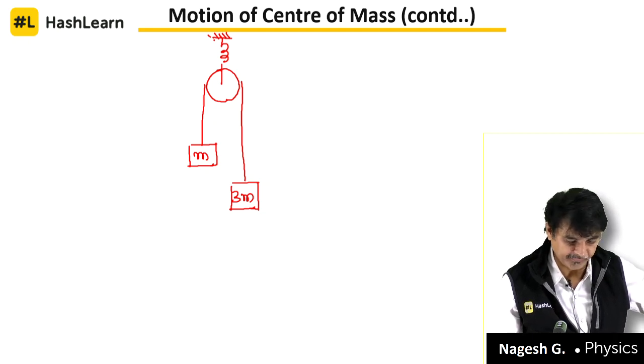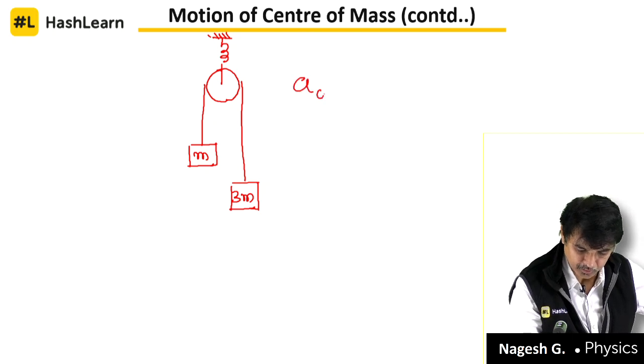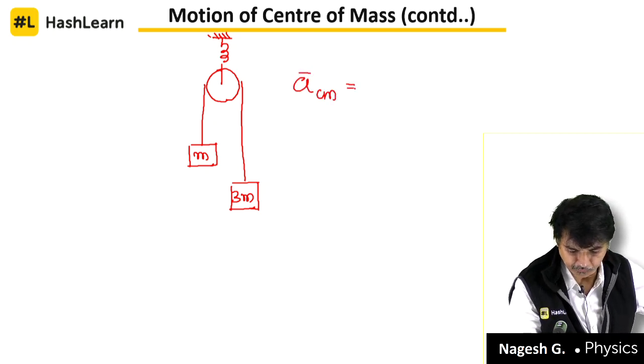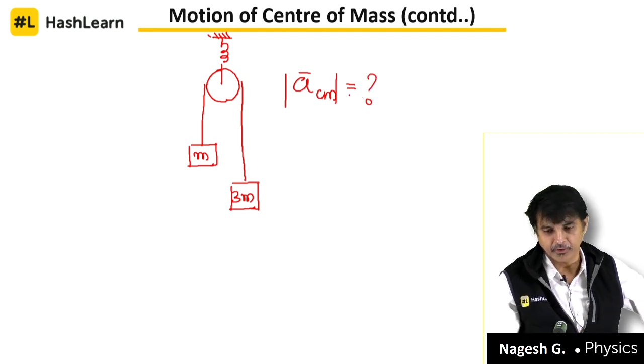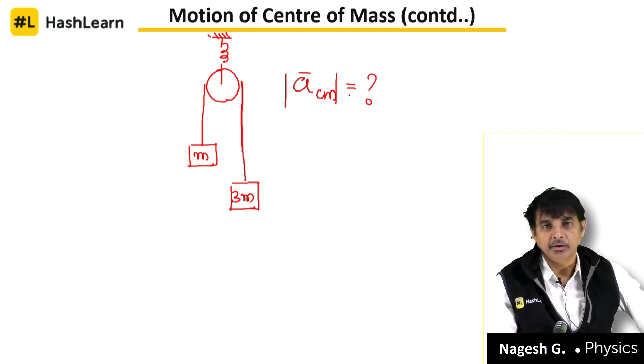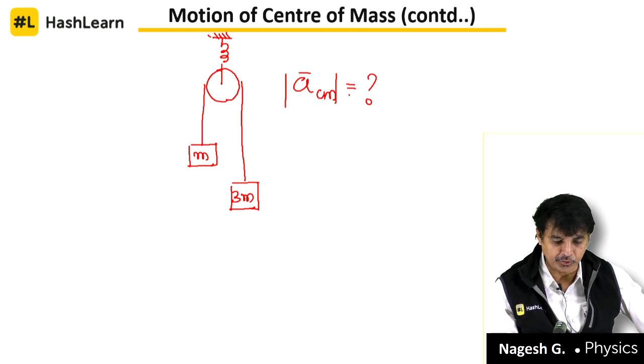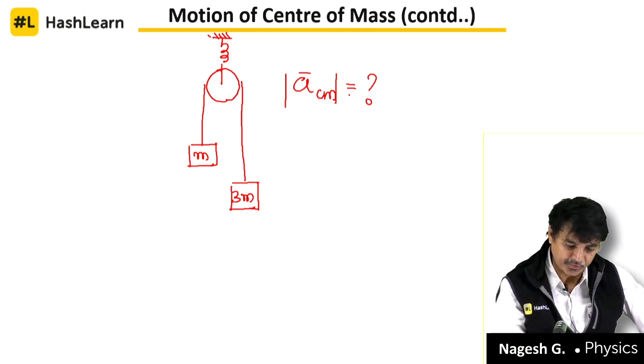Now my requirement is, what is the acceleration of the center of mass of this system? What is the magnitude of the acceleration of the center of mass of this system? Here system, why we call? Because it is associated with two blocks m as well as 3m.